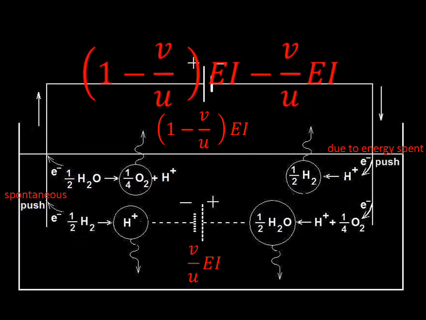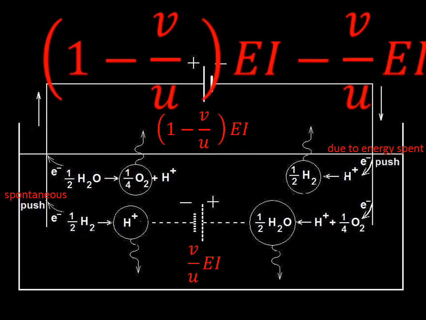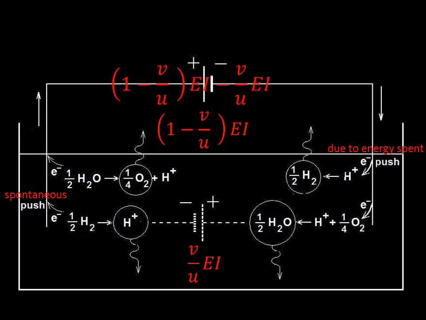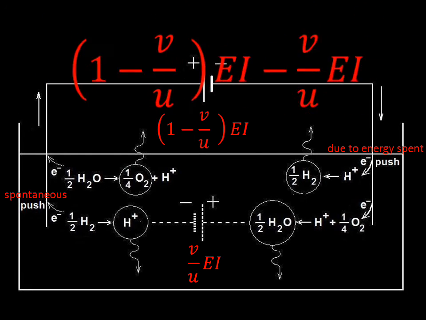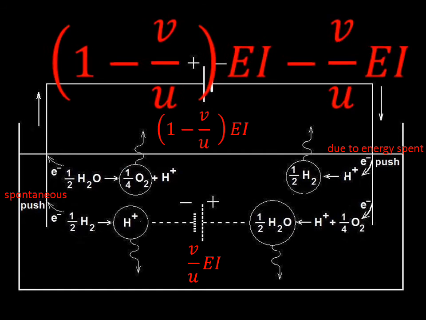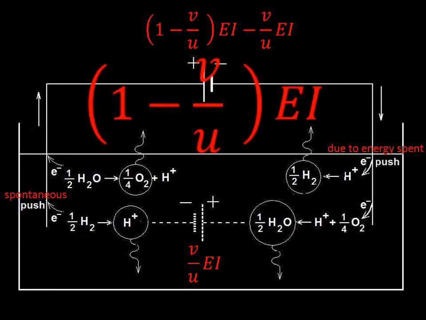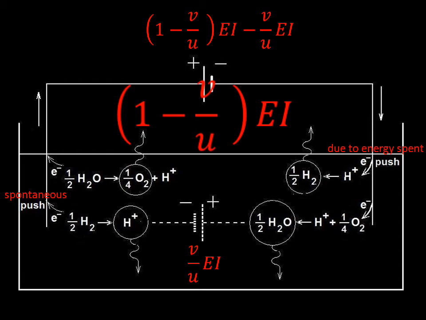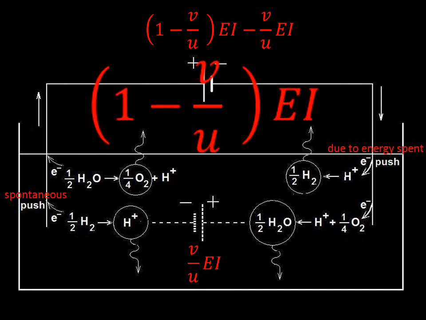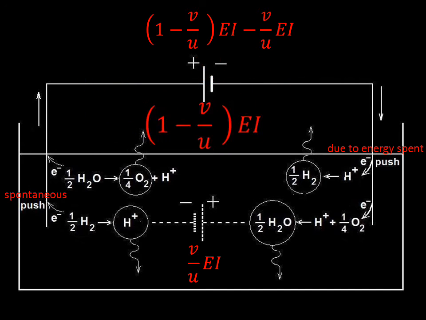Those who would like to ruminate more over the reality of the excess energy in this case should consider that although the actual input power is diminished by the power from the internally created fuel cell, the input power spent for the electrolysis alone is 1 minus V over U, in parentheses, times the product of I and E. And exactly this much is the output power, which should be present in the expression for the output over input power.